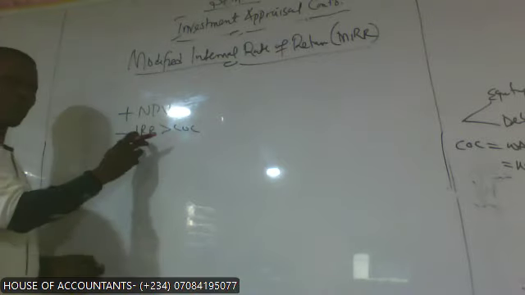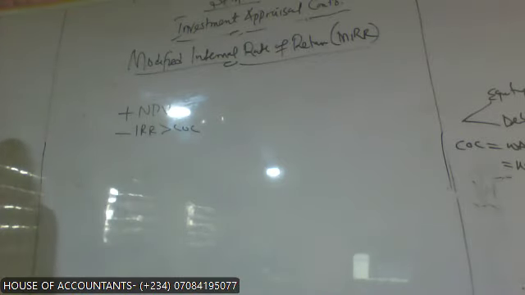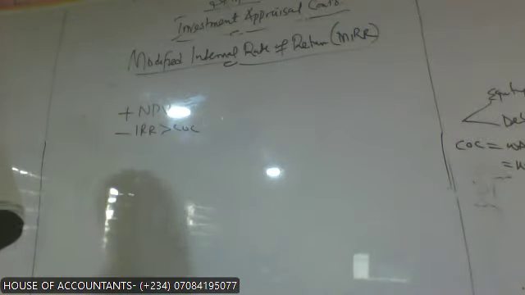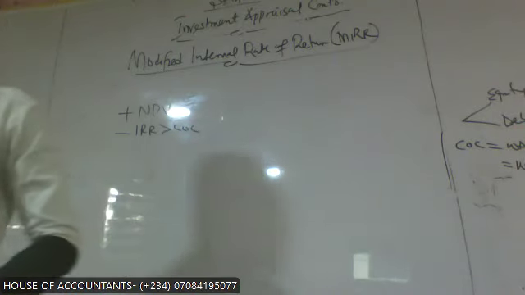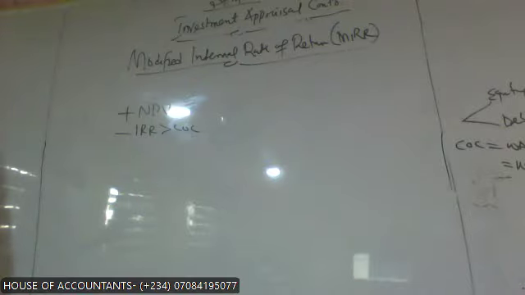Likewise, the internal rate of return is also greater than the cost of capital. If the two projects are mutually exclusive, typically you cannot do the two at the same time. You have to take one. So what will you do?